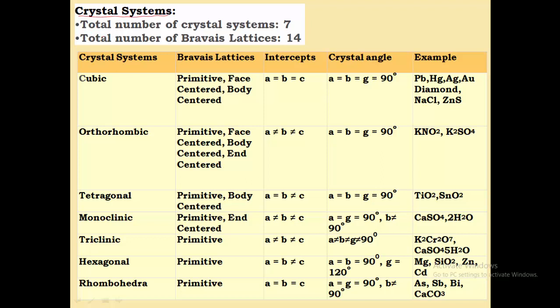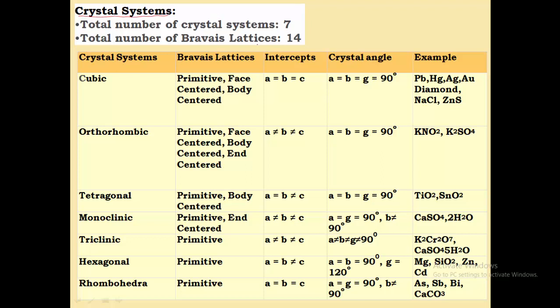Crystal lattice means the points or the particles that are regularly arranged in three-dimensional space. Such a type of system is said to be crystal lattice, and upon joining those points you will get a particular shape, and that system is known as crystal system.